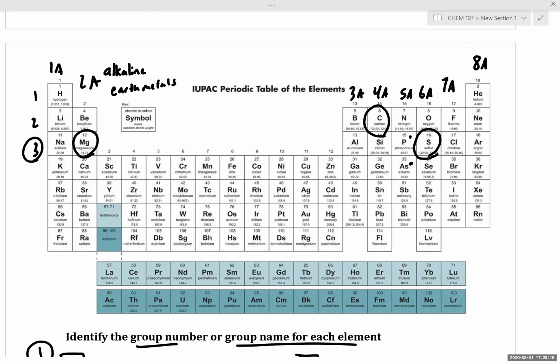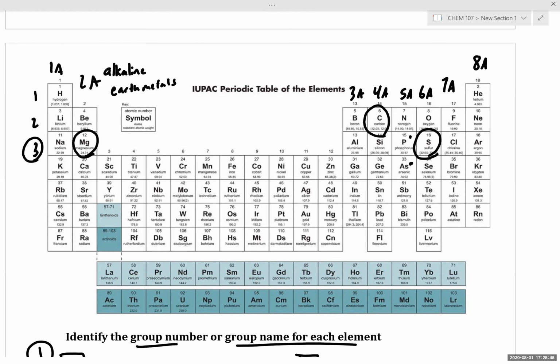Yes. So then we'd expect phosphorus and arsenic to have similar properties and reactivity. Not exactly identical, but very similar properties and reactivity. And we'll see this when we start to talk about periodic trends and we start to talk about electron configurations. Does this make sense to everyone so far?